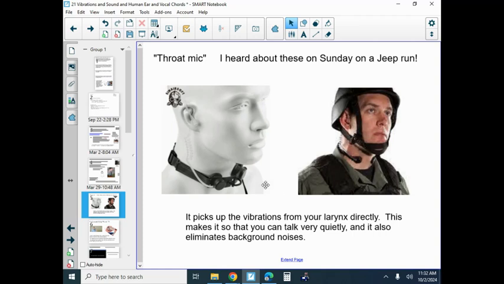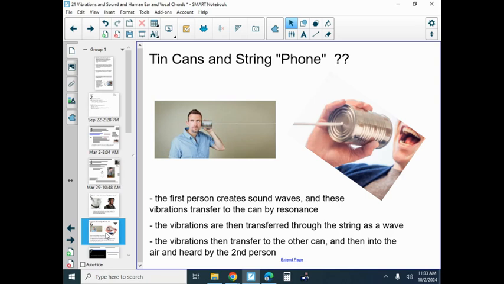Because it's picking up directly, this little vibration microphone wouldn't be susceptible to wind and background noise and stuff like that. It would just be focused on what vibrations your throat is directly producing. So pretty neat tech that you can picture having advantages in some scenarios where you need to be quiet, but you need to be able to communicate easily.